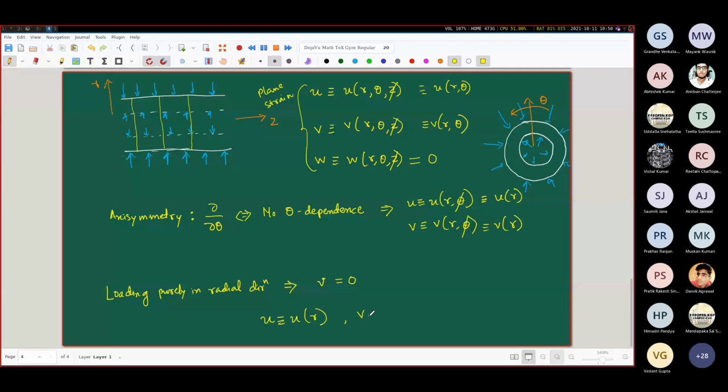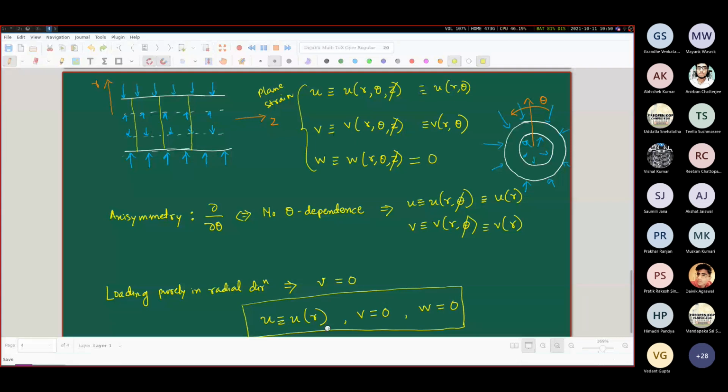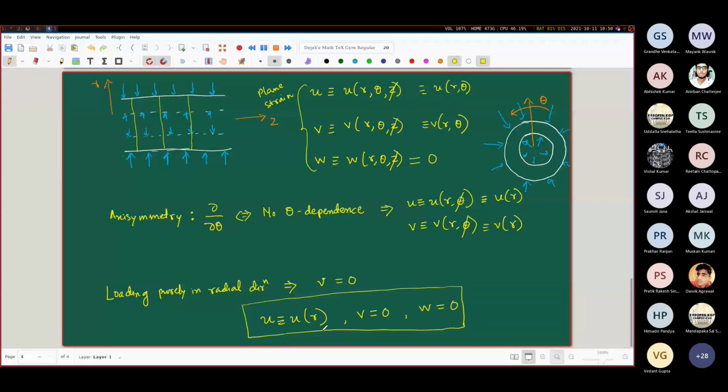This is very, very important. In many books, they miss out on discussing this fundamental thing. They discuss a lot of things about plane strain and axisymmetry, but they don't show this. Of course they use this correctly, but they don't tell the students that this is so. So I have told you this explicitly.